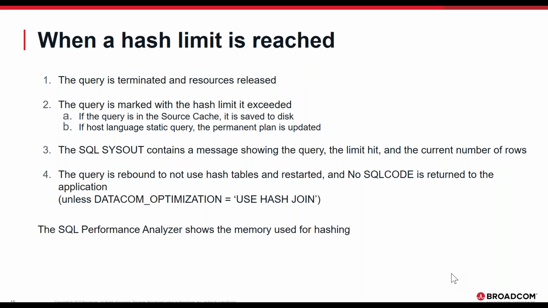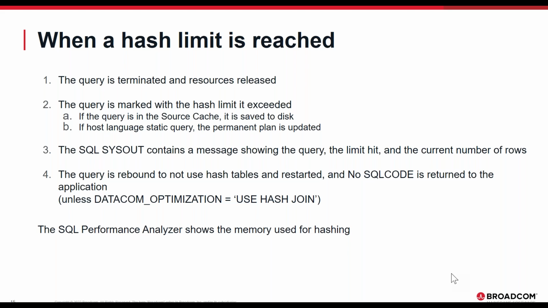The current query that hit the limit will be, of course, terminated and its resources released. It's going to be marked, indicating that it hit a hash limit, so we won't do that again. And it will save that in the disk so that it is remembered across MUF executions.